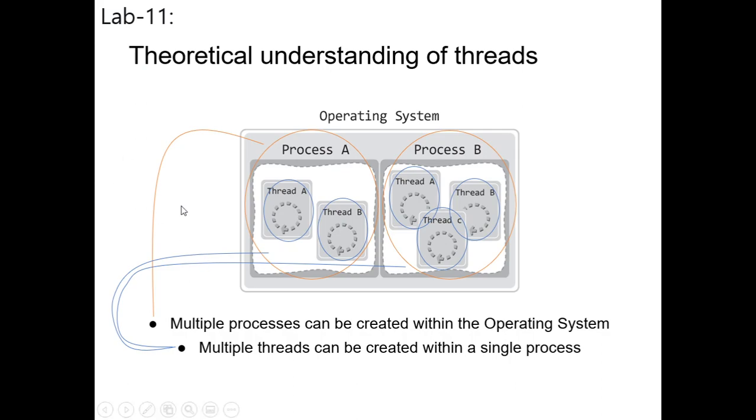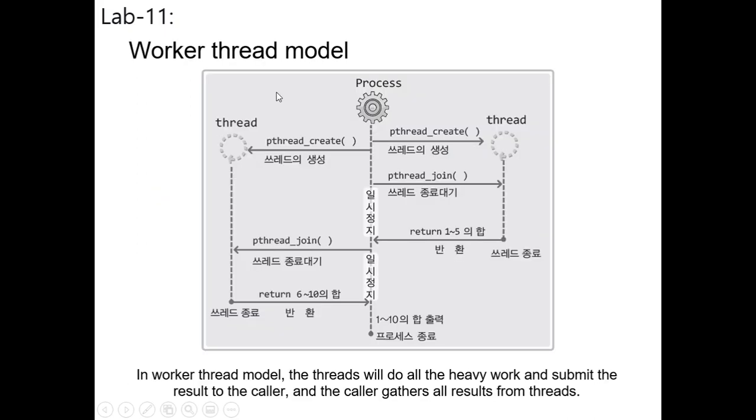The context of threads is much more lightweight than processes, and the CPU doesn't have to do a whole bunch of work to load all the values inside a process all the time to switch between the processes, and that would make concurrent execution much easier. So multiple processes can be created within an operating system, and multiple threads can be created within a single process.